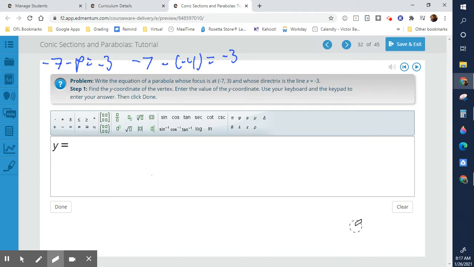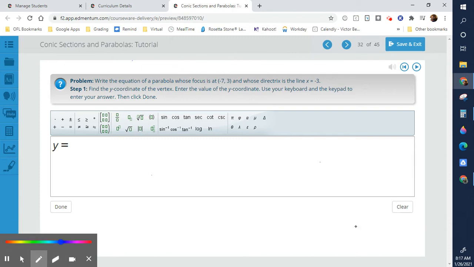It's not that much of a change in work, but it is going to affect our p, and it is definitely going to affect our vertex. So, all right. So the way to picture this is you have negative.